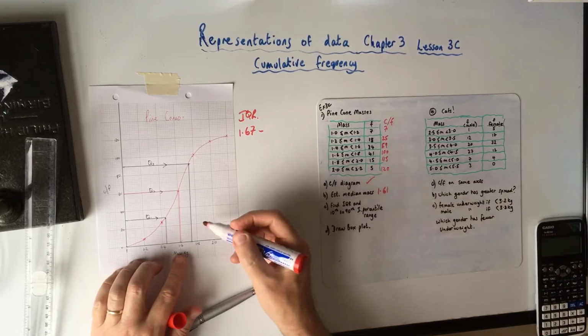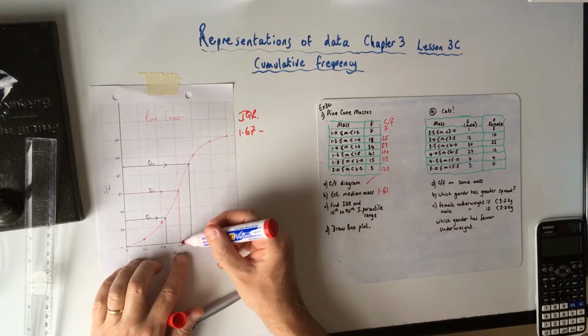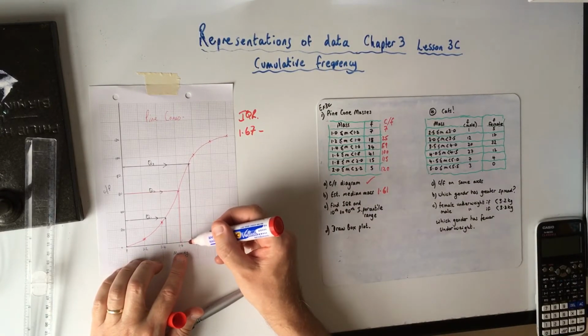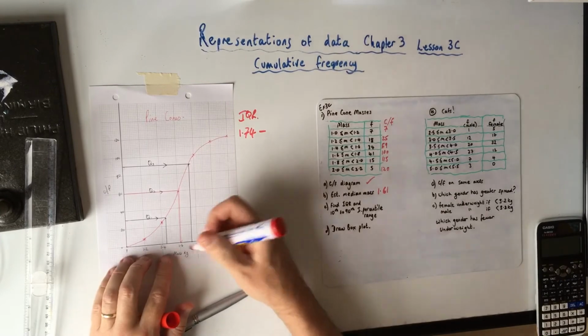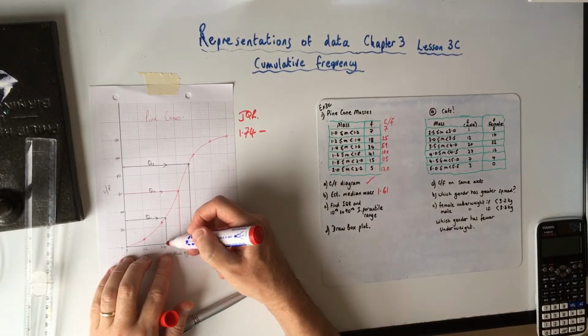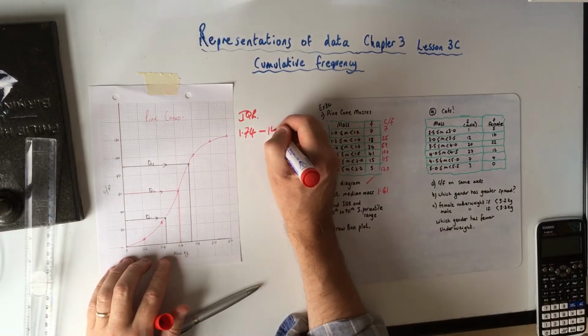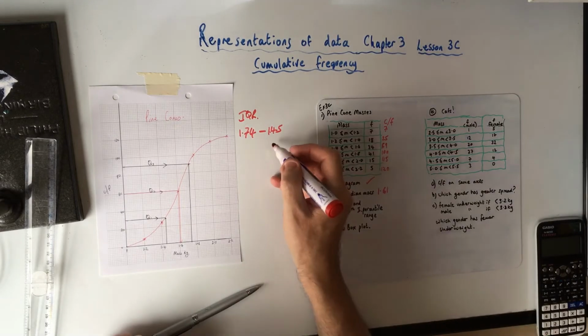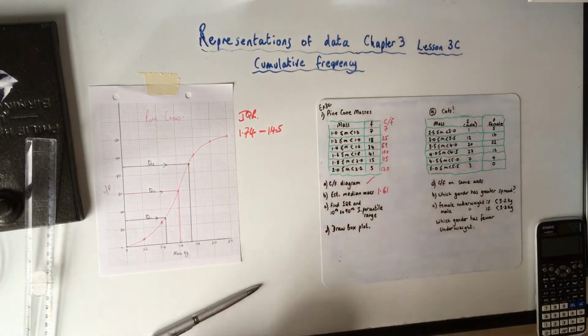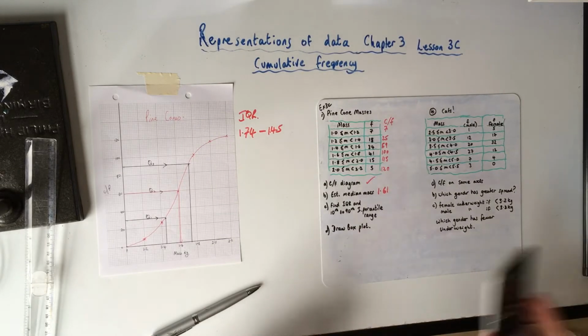I've read the scale wrong, haven't I? Each one of those is 0.2, so 1.7, 1.74. That's 1.74 minus 1.42, 1.44, 1.45. So the difference between 40, 50, 60, 70 is 0.29.